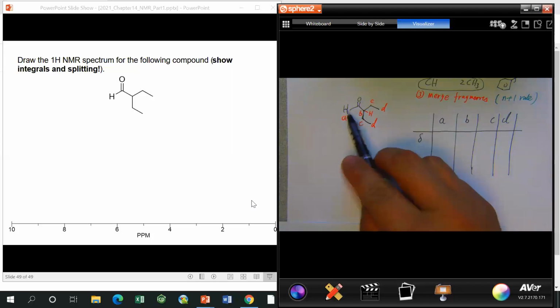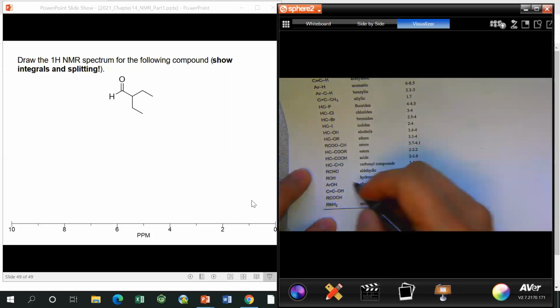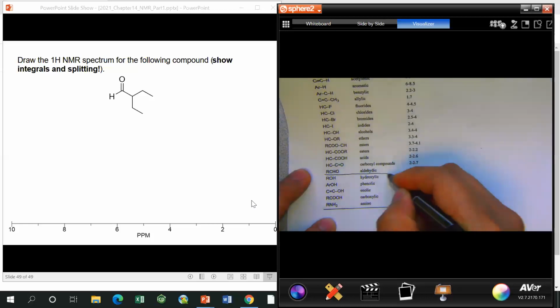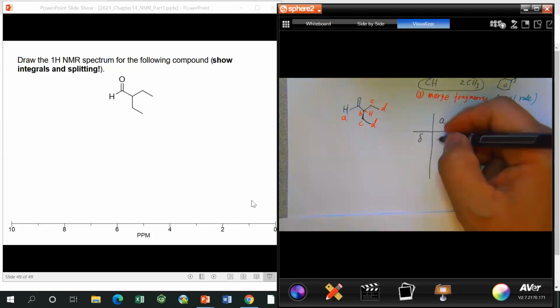A is the aldehyde proton. Look at your NMR chart: aldehyde is about 9 to 10, so we can just call it 9.5 ppm.